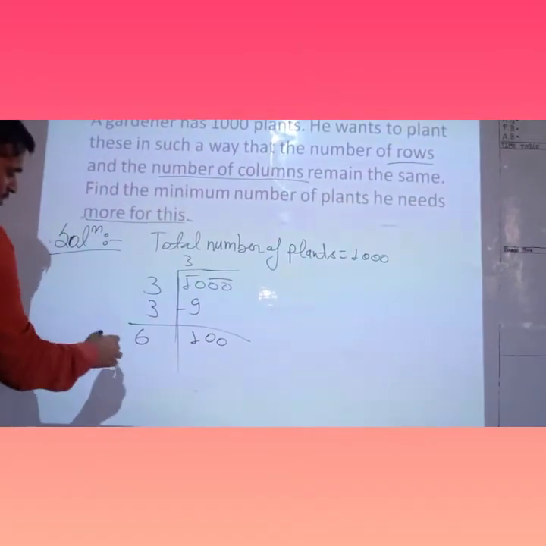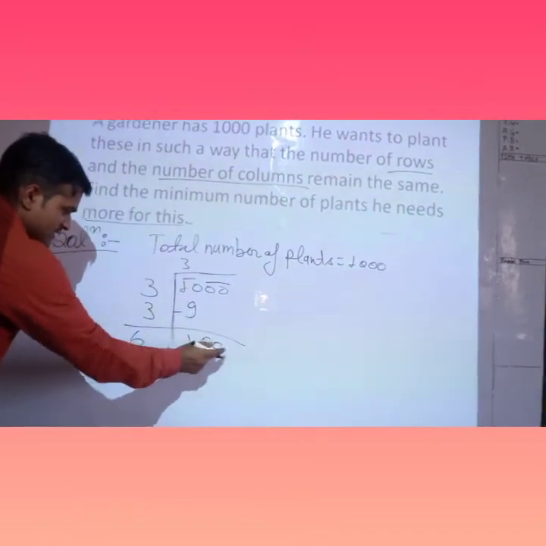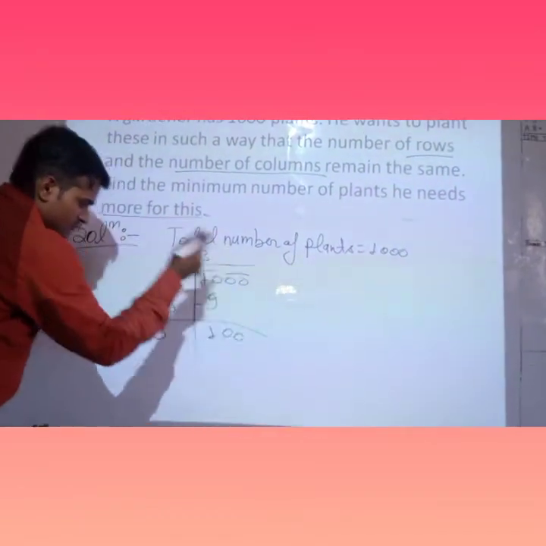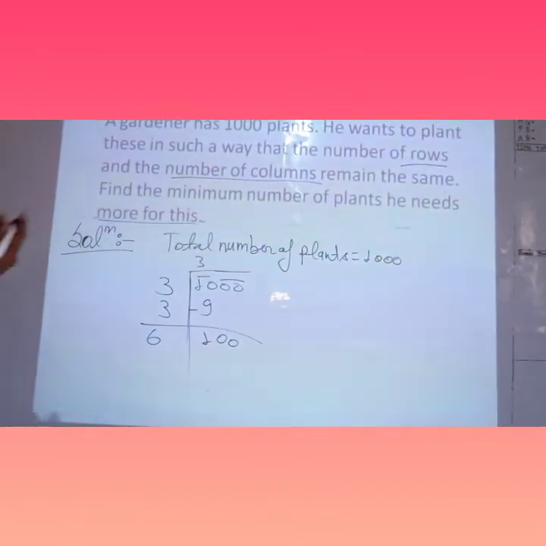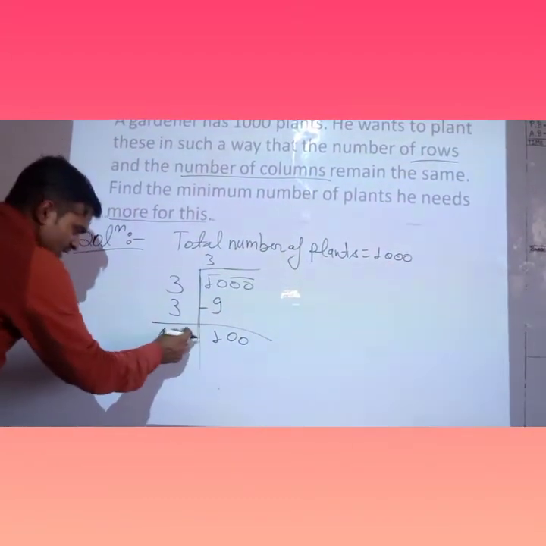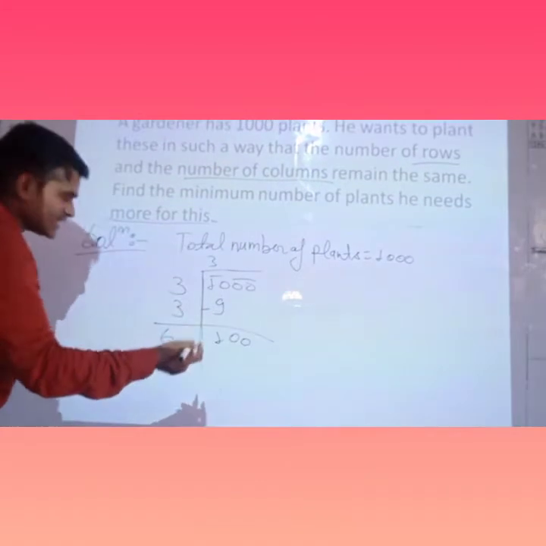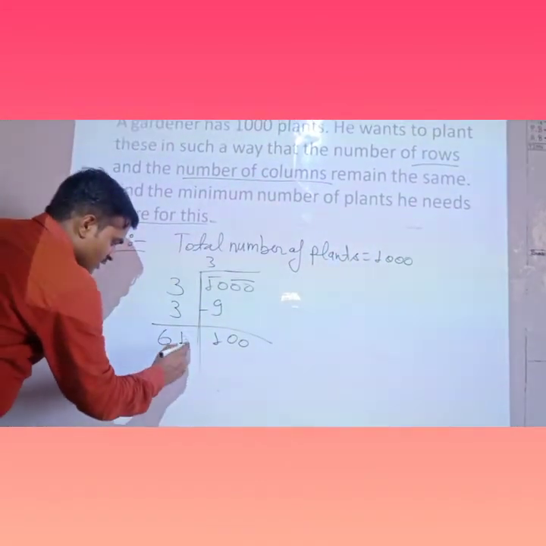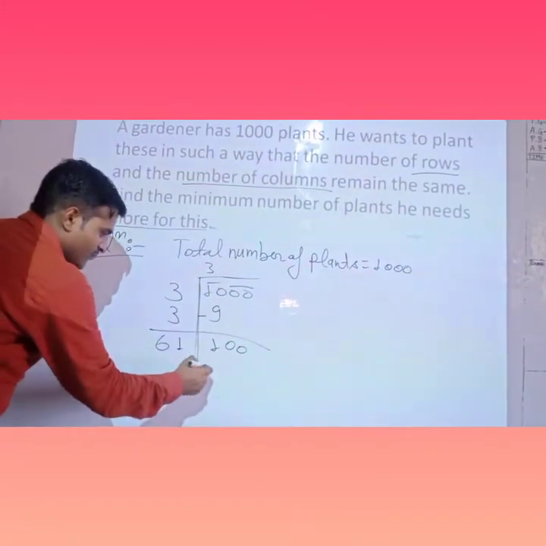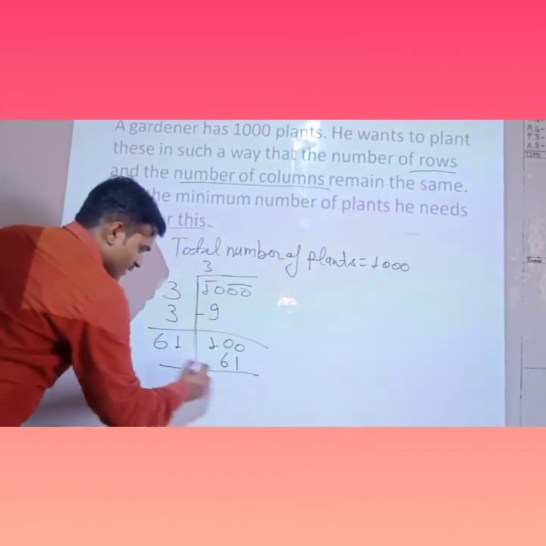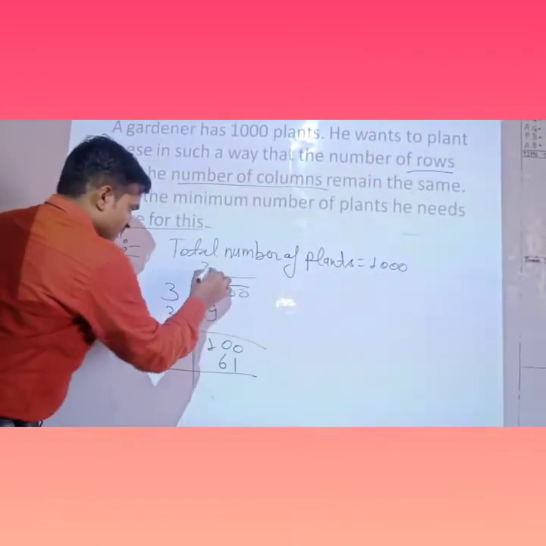Now what number will we write there? So we get 100 or less than 100. When we write 2, 62 multiplied by 2 will be 124, which is greater than 100. So write there 1. 61. So 61 multiplied by 1, that is 61.